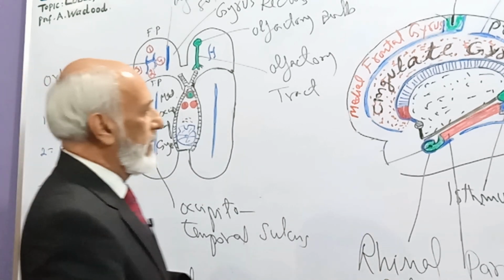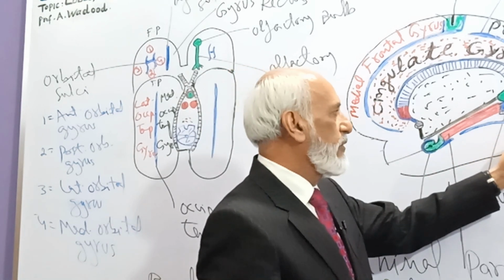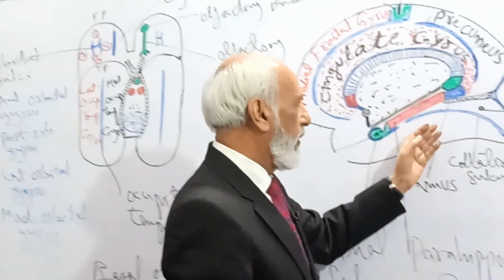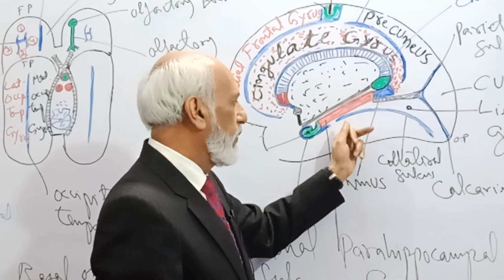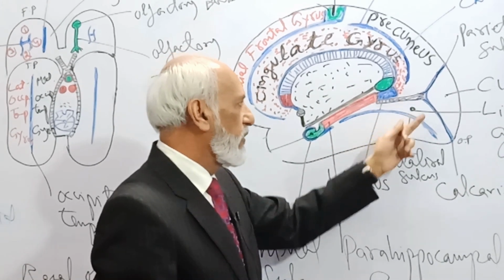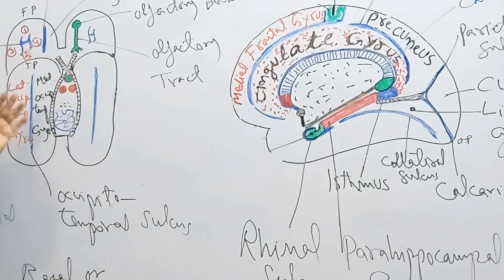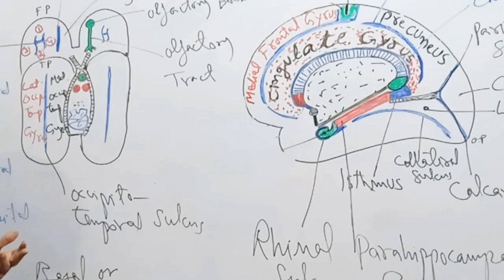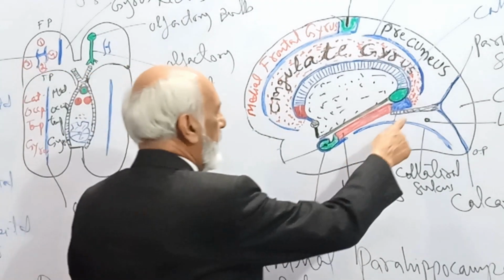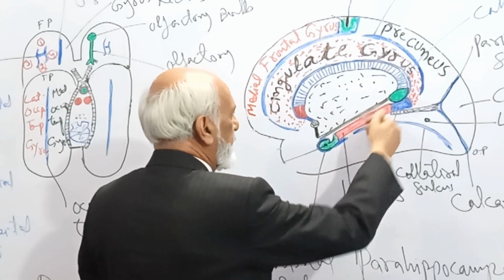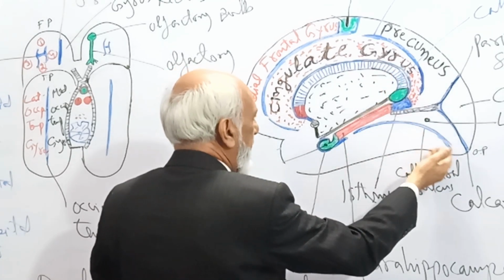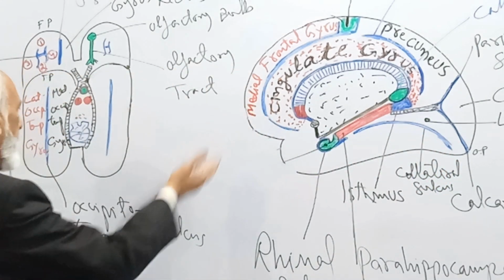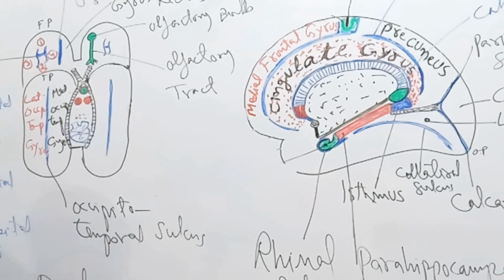Now look here. On the medial surface, we talked about the lingual gyrus and collateral sulcus. Clear? Now, part of the lingual gyrus and collateral sulcus is also seen on the inferior surface. This creates some confusion in books. Part of it is described in the medial surface, and the remaining part in the inferior surface.